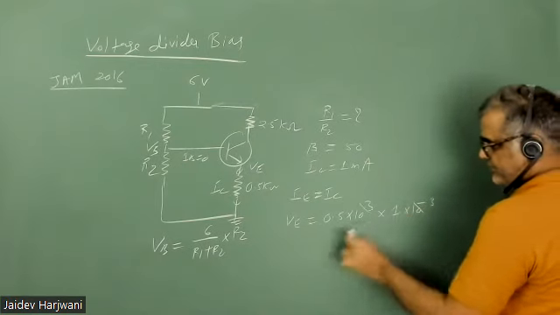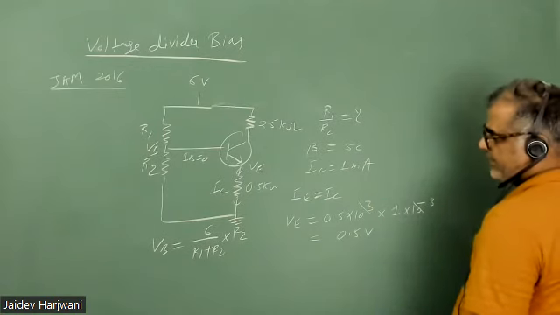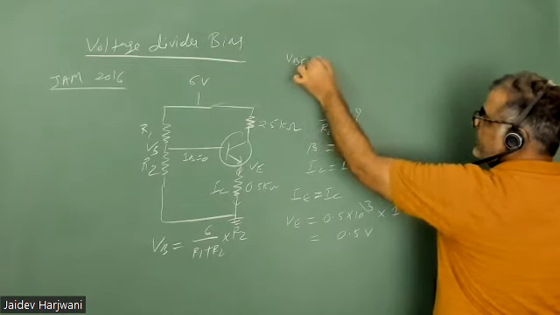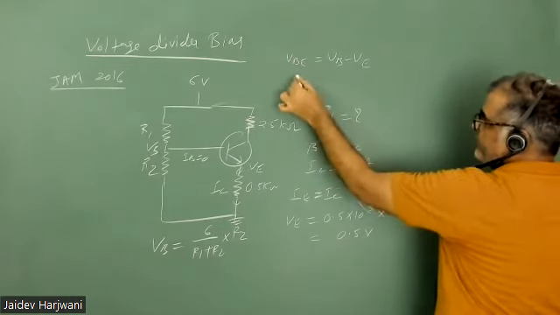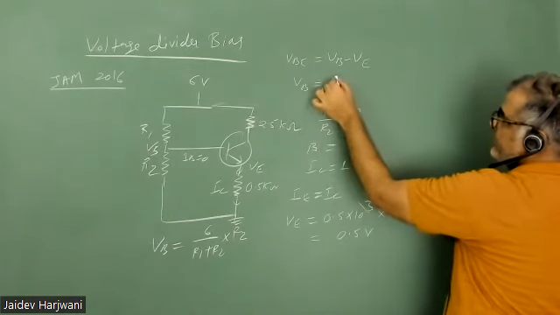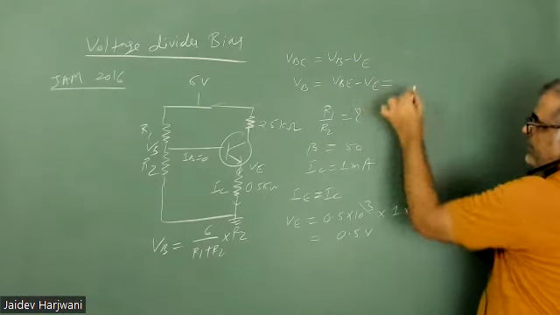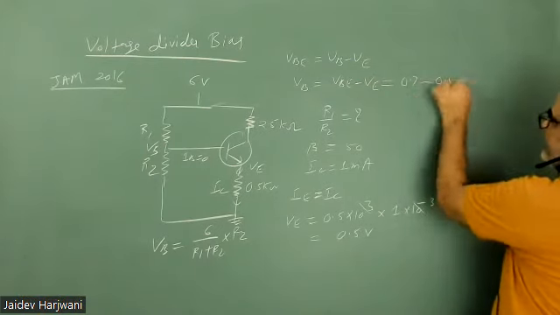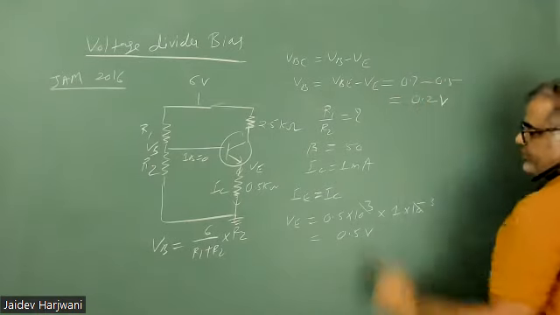So this cancels out and I get 0.5 volt VE. Now I know VBE is VB minus VE, so VB will be VBE plus VE. That is 0.7 minus 0.5. So this gives me 0.2 volt.